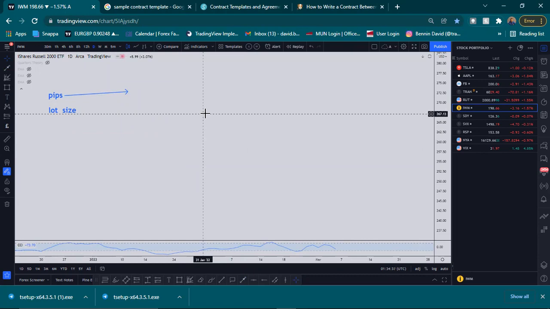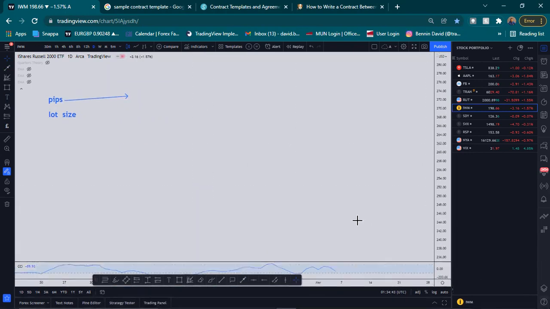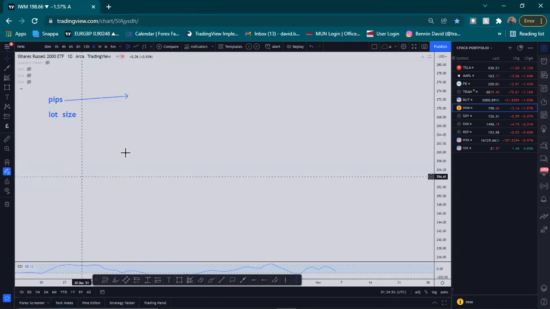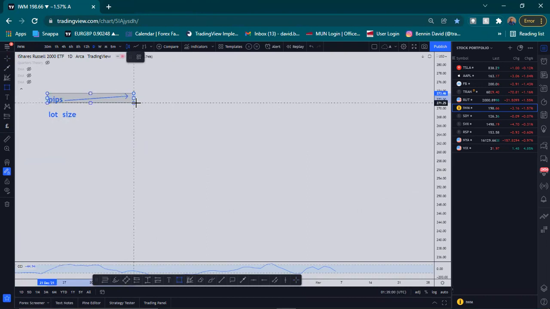So first of all, we need to know how much we are buying or how much we can buy, and also how to calculate the value of what we are buying, in case we are making money or losing money, so we are able to know how much money we are making or losing. So this is where pips come in.